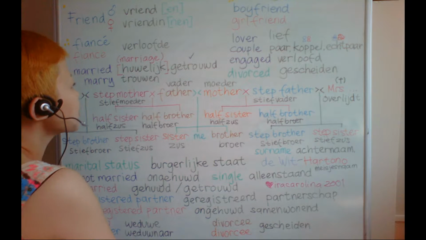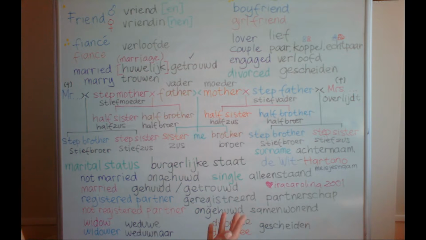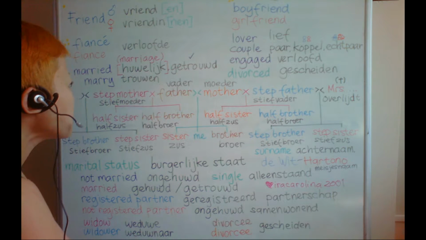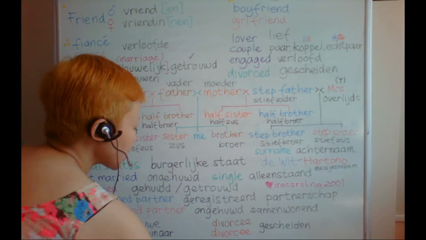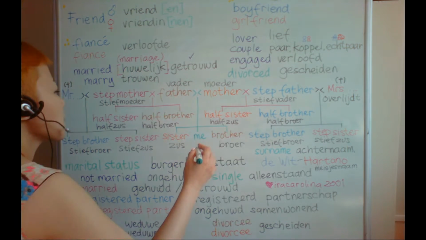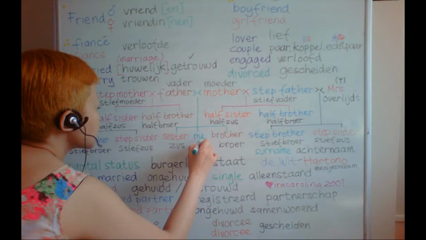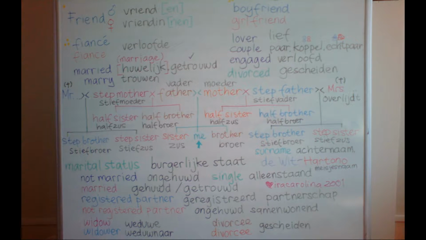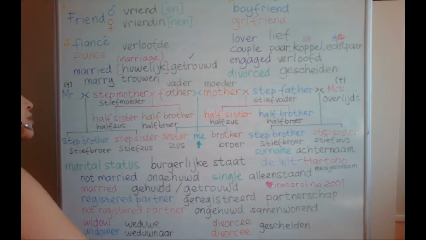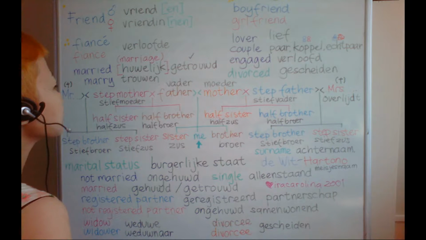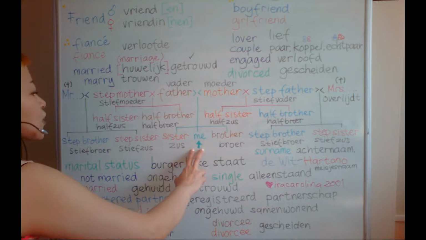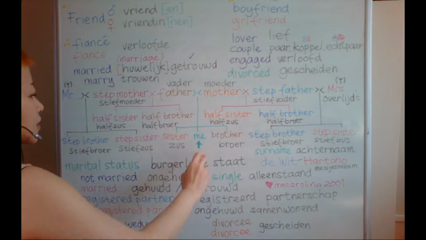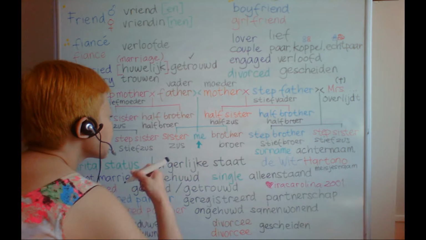And now we will learn about the family tree. As always, I will start from me. I will put an arrow here. But this one, my family tree is kind of different from the previous one. Let's start. Me, or I, in Dutch is ik.